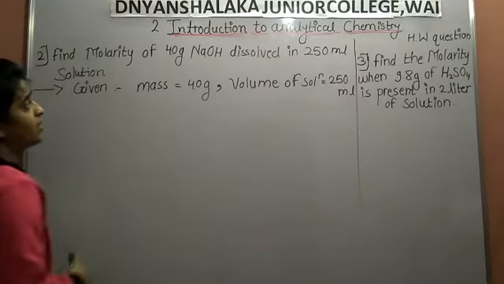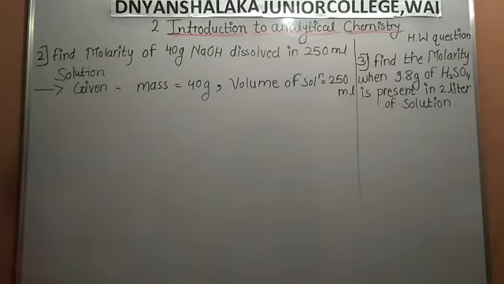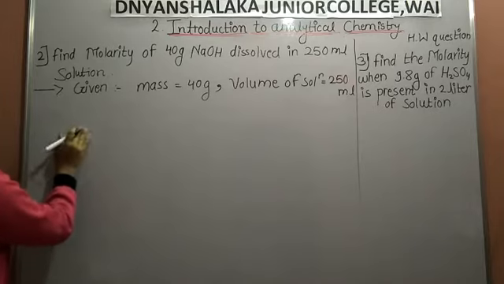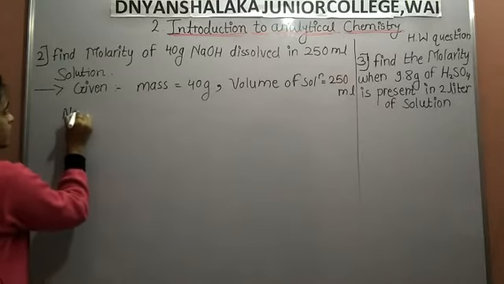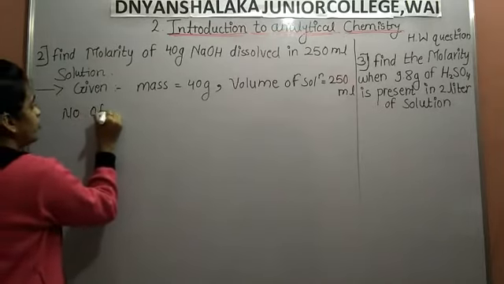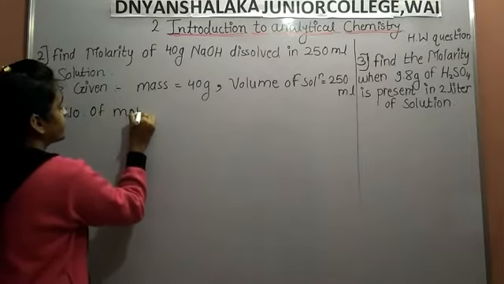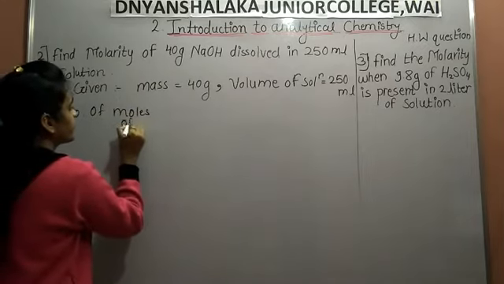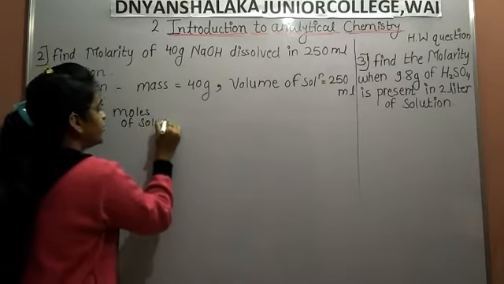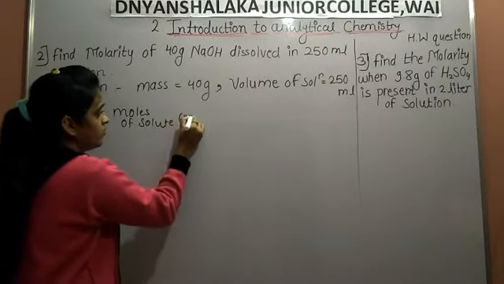This is the mass of solute, meaning mass of NaOH. So first we have to find the number of moles of solute, which is denoted by small n.